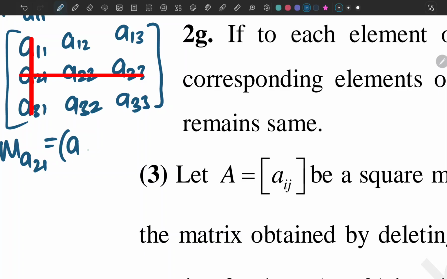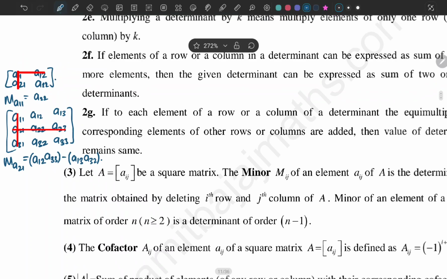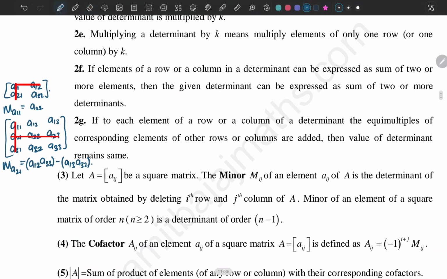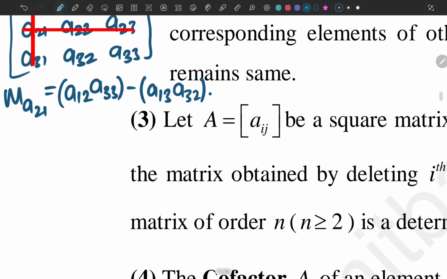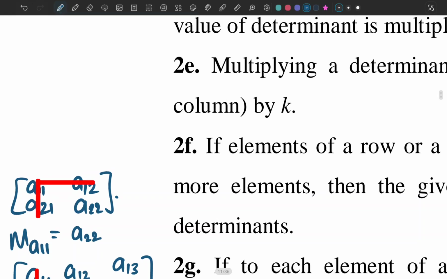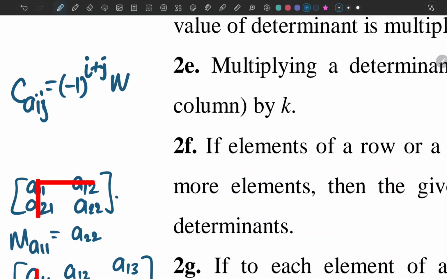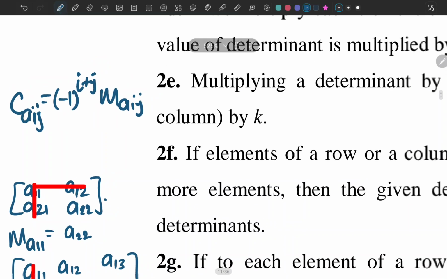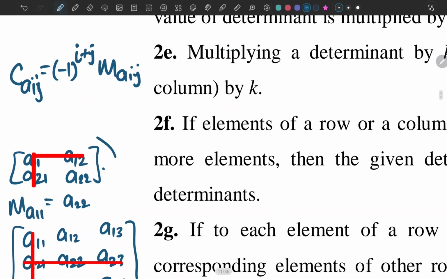It means a12 times a33 minus a13 times a32. That's it. That's how we calculate the minor of an element. And we use the minor to evaluate the cofactor of aij. The cofactor is minus 1 to the power i plus j times the minor of aij. That's it. Let's talk about M11, like in this case.